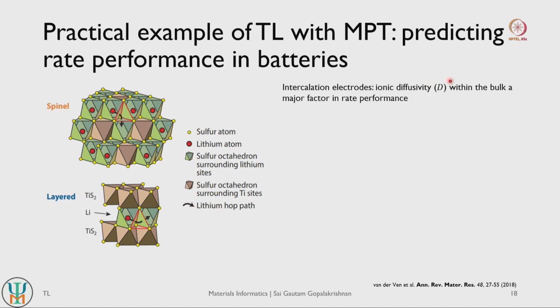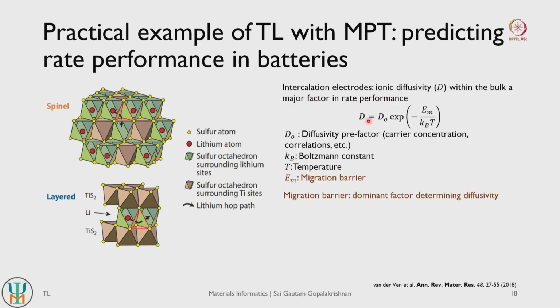So we are interested in quantifying lithium ionic diffusivity within the bulk phase, right. So within the bulk crystal structure of an electrode material, or in the case of solid state batteries, in the solid electrolyte material, right. This ionic diffusivity plays a major role in your rate performance. If you unpack this diffusivity, it is exponentially governed by a quantity called the migration barrier, right.